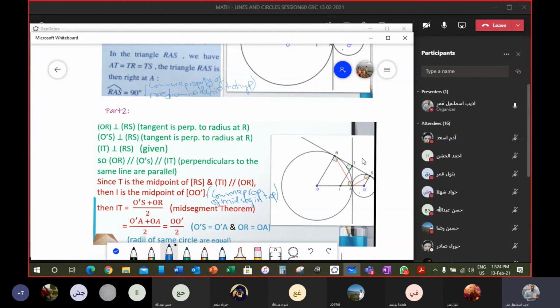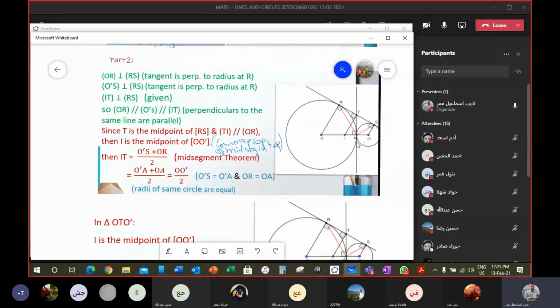Okay, then IT صارت بتساوي للO prime S plus OR over 2، mid segment theorem مكتوب هون in a trapezoid. اوكي طيب بس الO prime S لشو بتساوي؟ هي الO prime للA، O prime A، راح احط عليهم symbols. فاذا هيدي بتساوي لهاي، حط عليهم code properties.